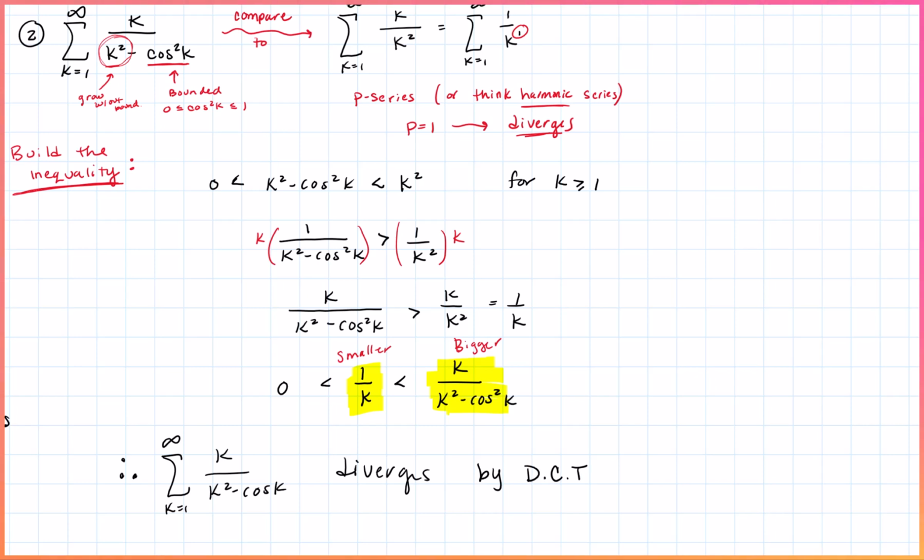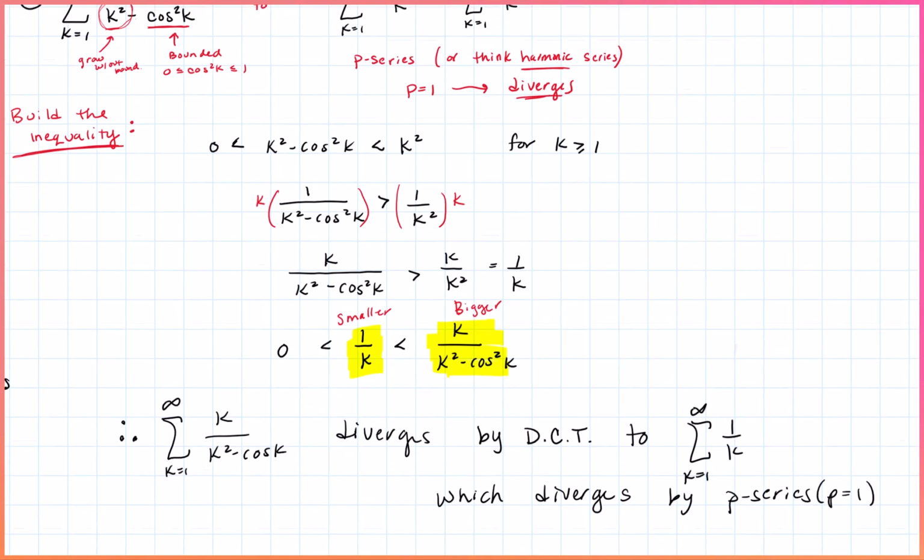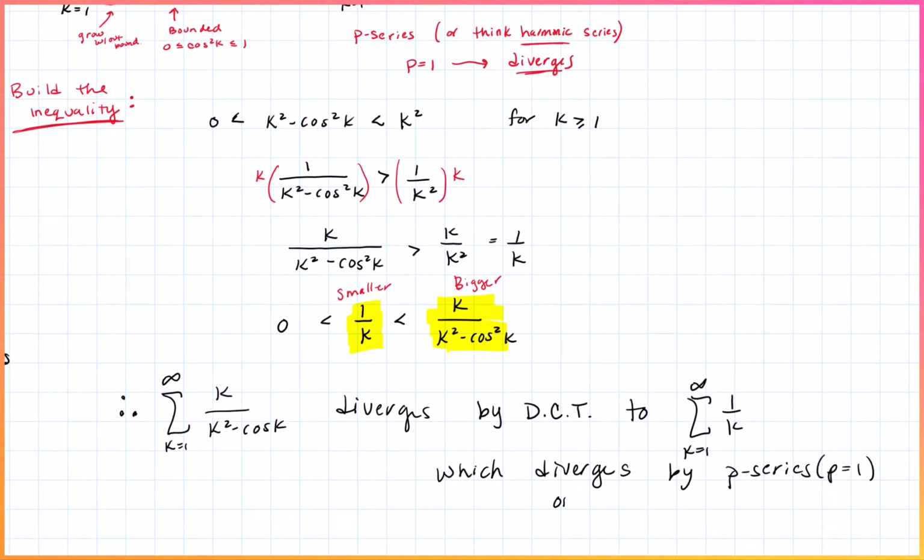We were able to directly compare in an inequality this series to 1 over k from k equals 1 to infinity, which diverges by the p series with p equals 1, or if you prefer, you could have said that it is the harmonic series, which is diverging.